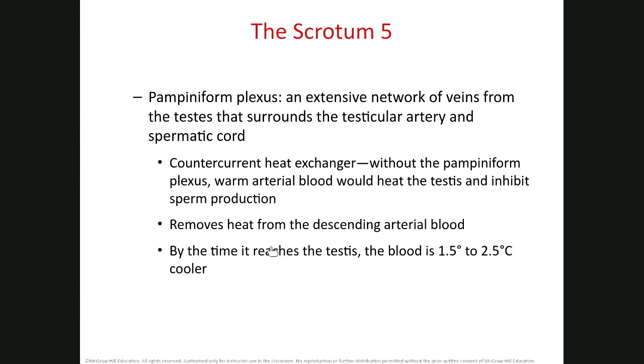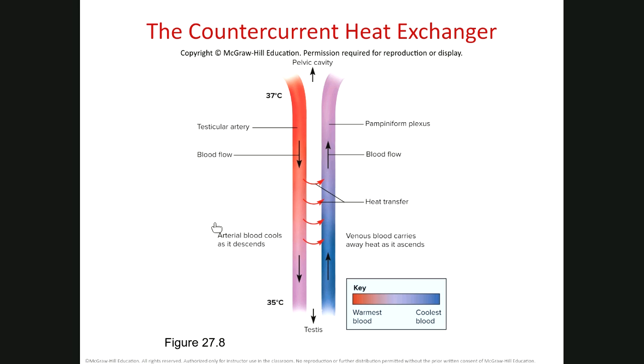So you see, it can remove heat from the descending arterial blood so that it will be cooler for the testis. Without the pampiniform plexus, warm arterial blood would heat the testis and inhibit sperm production. So it's very sensitive to temperature, as we said. The venous blood carries away the heat as it ascends, and therefore makes sure the temperature coming into the testis is the right temperature.